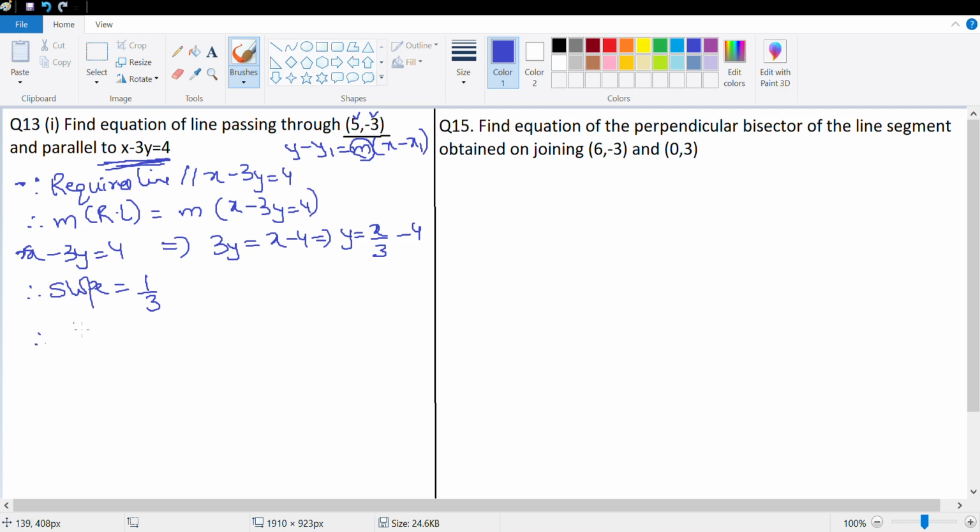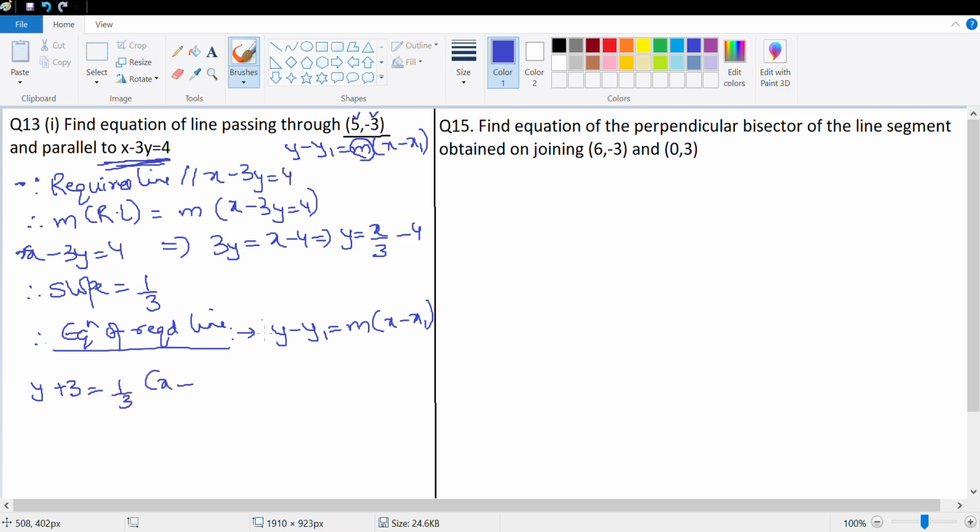Now the equation of the required line, as we said, will be given by y minus y1 is equal to m times x minus x1. In this case y1 is negative 3, so it's y minus negative 3, which means y plus 3. M is 1 by 3, x minus x1, that's x minus 5.